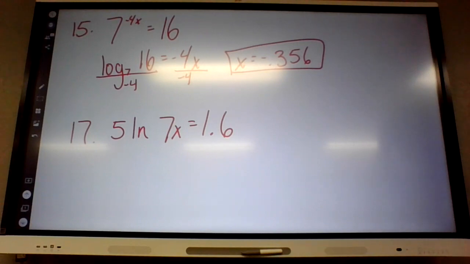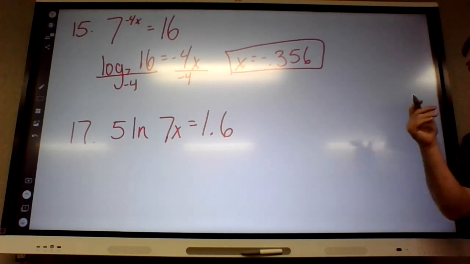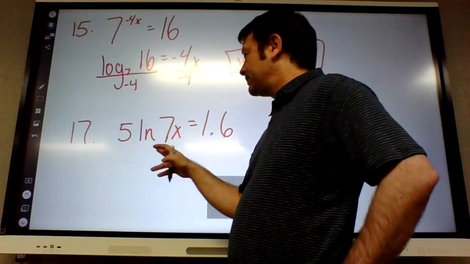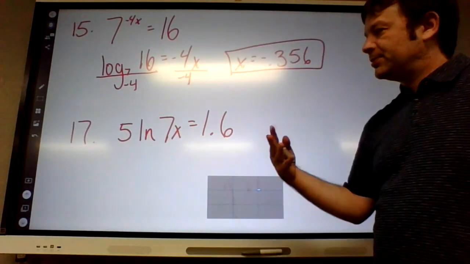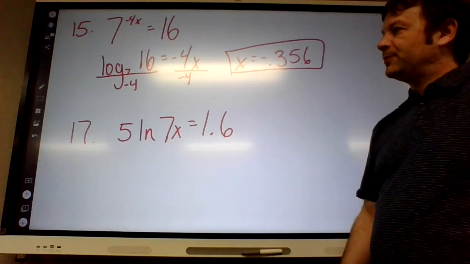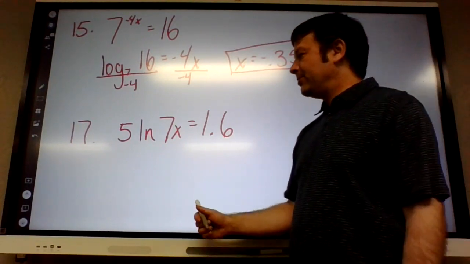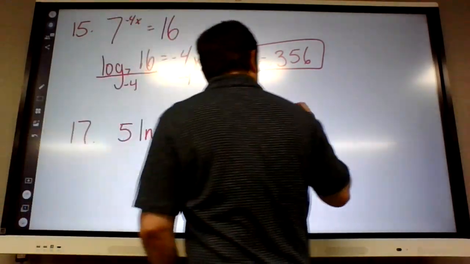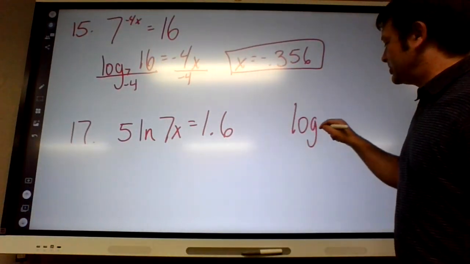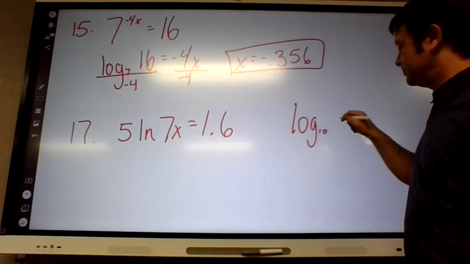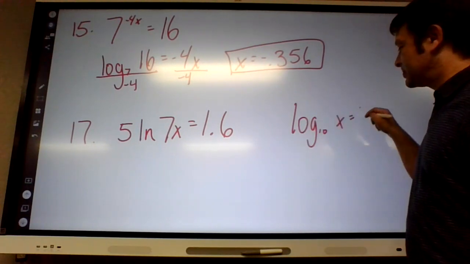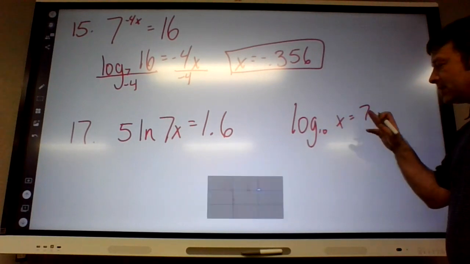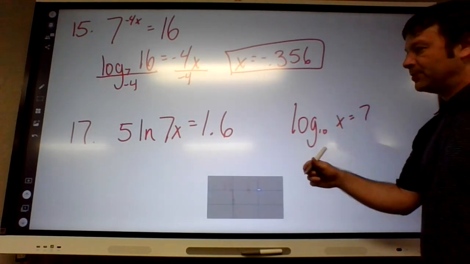So we did this on the last assignment too. We're starting with a log, and we want to transform it back into exponential form. But right now, we need to clean this up a little bit. What we want is a basic log function: log base this of this equals that. Then we can just turn it into exponential form.